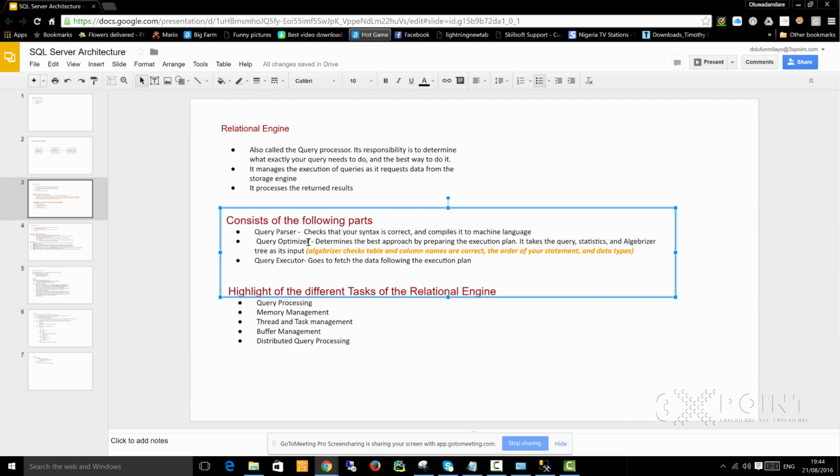All right, so it also consists of something else called the query optimizer, and the query optimizer is also very important, because when you write your T-SQL query, something has to tell the engine the best way to get the data back.